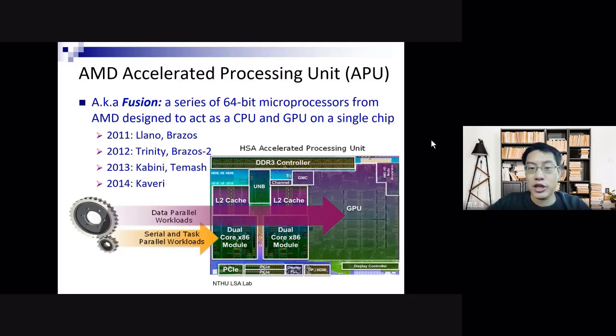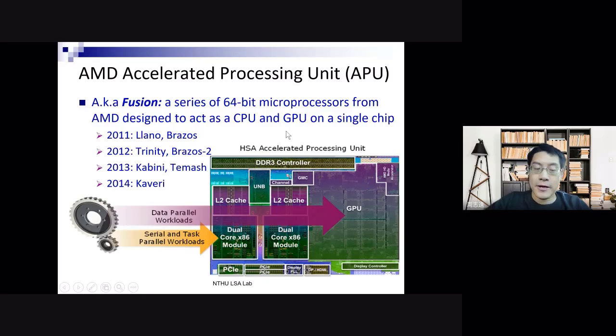And the APU from AMD is one of the examples. As you can see, it's a very tightly coupled processor, which includes GPU cores and CPU cores on the same chip. And more importantly, those two types of cores can both directly access a memory controller. So that means they have a unified memory among those two processor cores.